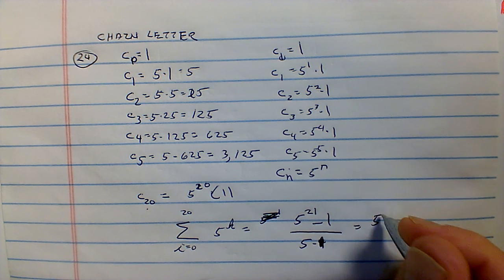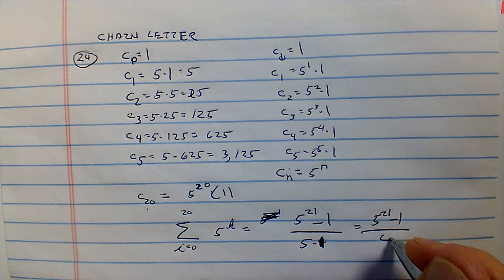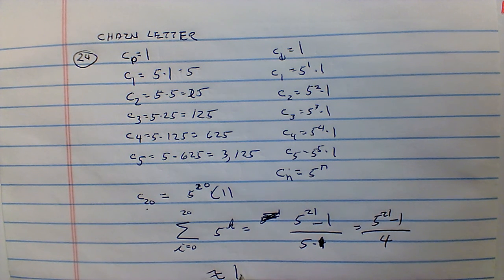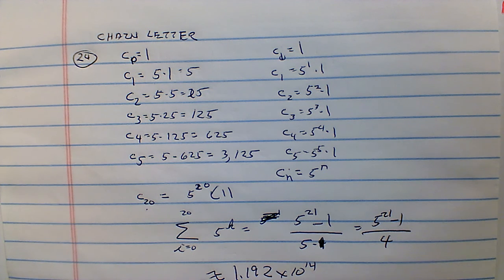So this is 5 to the 21st minus 1 over 4, which is approximately 1.192 times 10 to the 14th. That would be like 119 trillion people, which is more people than are on the planet by a factor of about 10,000. So you see, this cannot work.